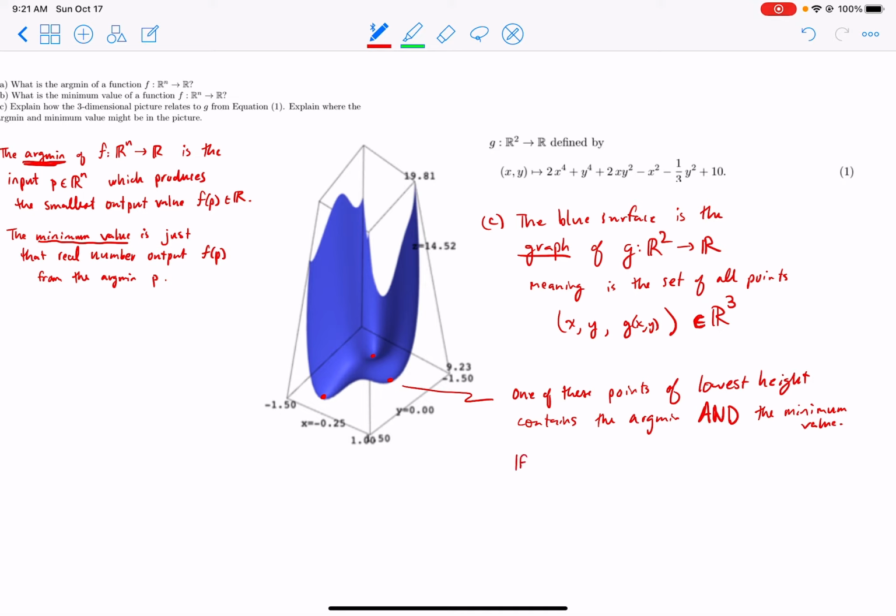If the point of lowest height is A, comma B, comma C, which would be obviously a three-dimensional point, this is a 3D picture, then P equals A, comma B is the argmin, and C, which is G of AB, is the minimum value.